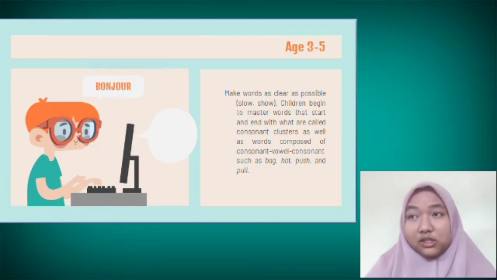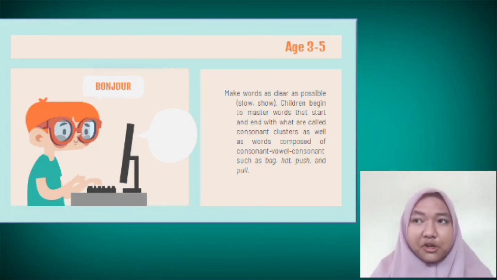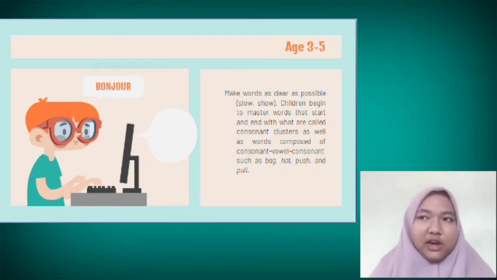And then children begin to master words that start and end with what are called consonant clusters, as well as words composed of consonant, vowel, consonant, such as bag, hat.